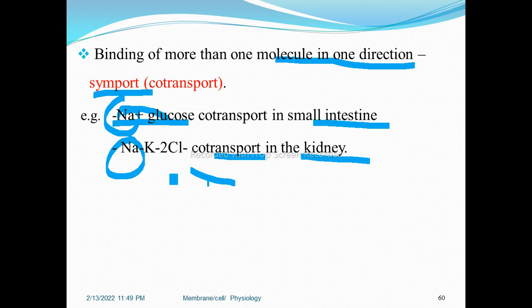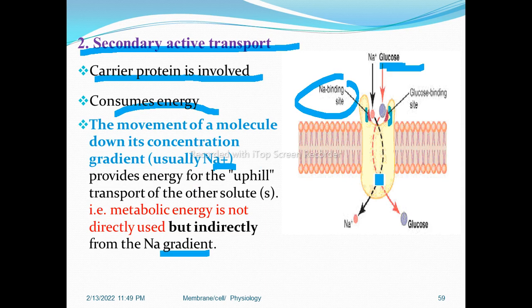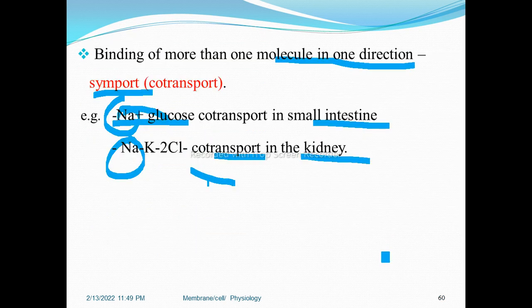Symport carriers carry two substances in the same direction. For instance, this is a symport carrier because sodium and glucose, two substances, go into the cell in the same direction. So we have three types of carriers: uniport, antiport, and symport carriers.